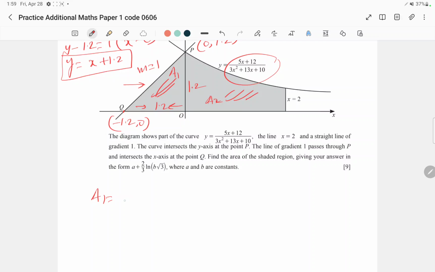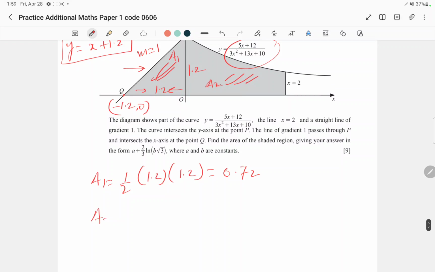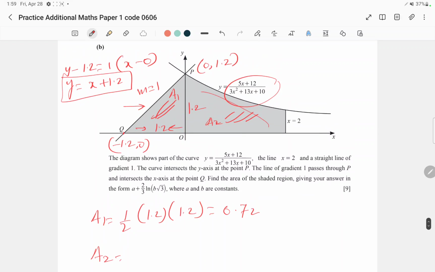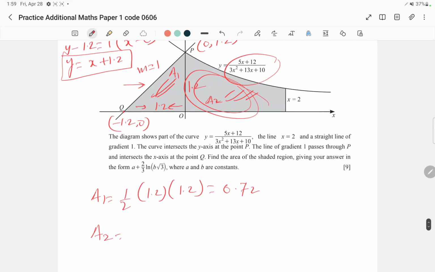So A1, the area of the triangle, is half times base times height, which is 1.2 squared over 2, which is 0.72, and A2 is the area of this shaded portion.